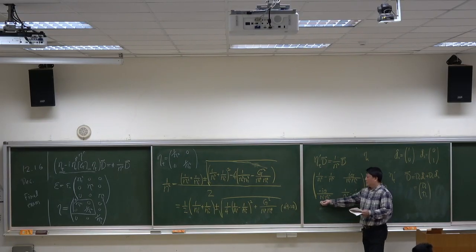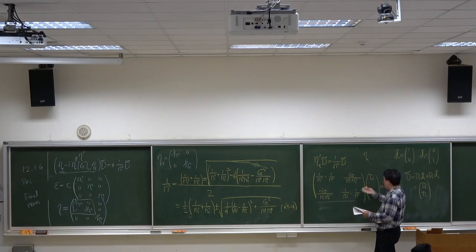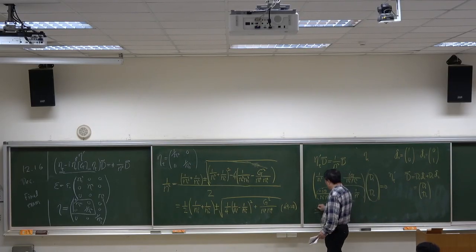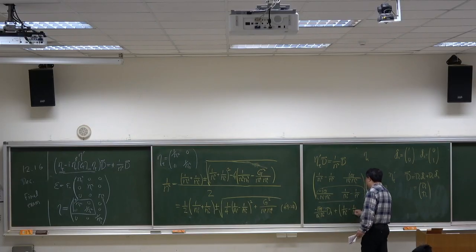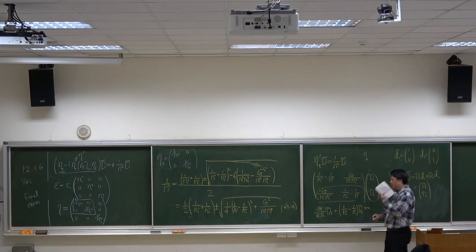你可以用这个去乘它，要得到0，啊，所以这个去乘这个要得到0。So minus iG over n1 squared n2 squared times d1 plus 1 over n2 squared minus 1 over n squared times d2 is equal to 0.